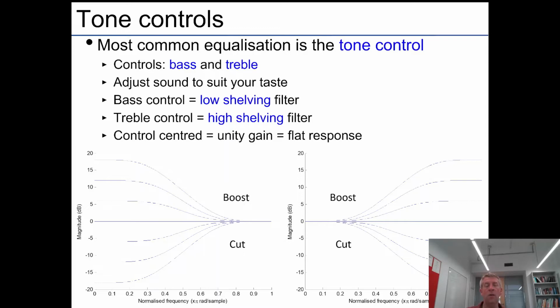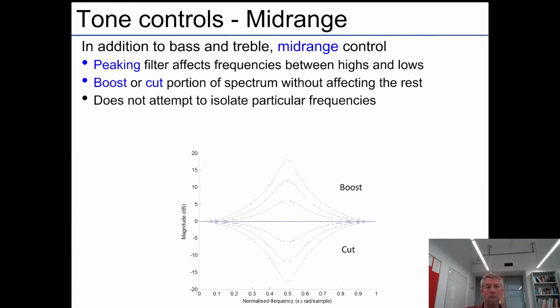If the control is centered and not really adjusted, one should have a unity gain throughout, neither boost nor cut, and a pretty flat response. A lot of tone controls will also have a mid-range control, and it just controls frequencies that are neither very low nor very high. So the low shelf might have its cutoff frequency before the range of boost or cut of the mid-range.